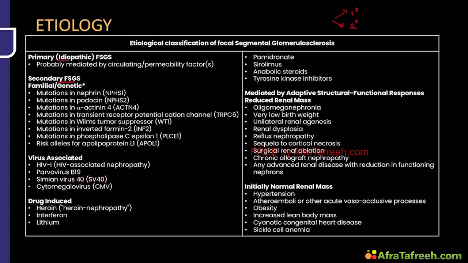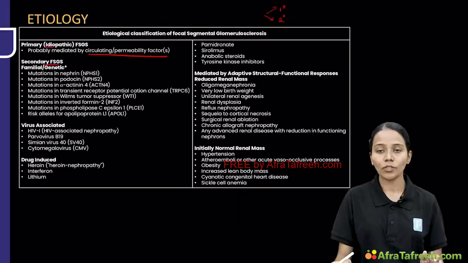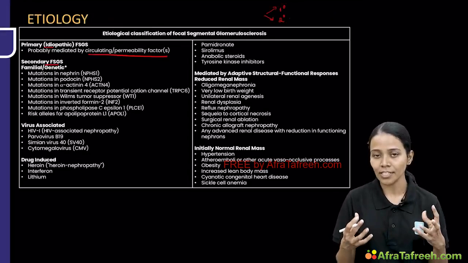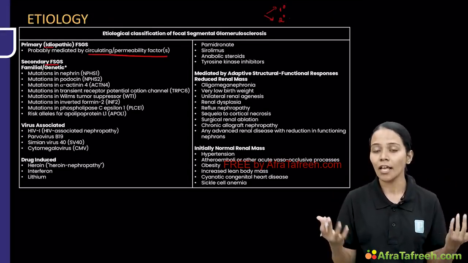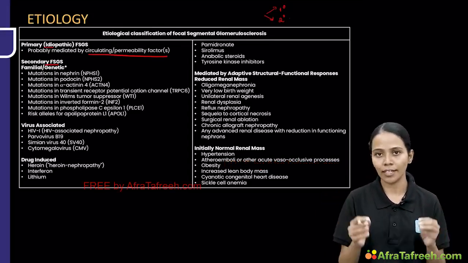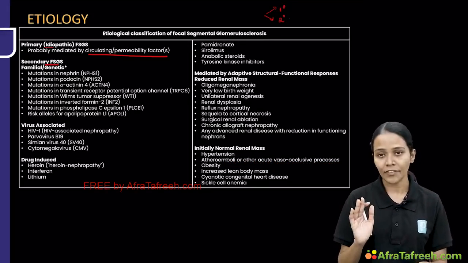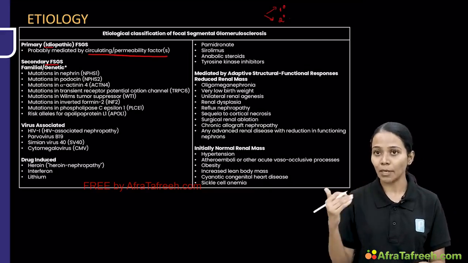This will probably be because of circulating permeability factors. So, there will be some circulating factors which increase the permeability of the glomerular basement membrane, causing proteinuria and FSGS. Secondary FSGS has multiple causes.